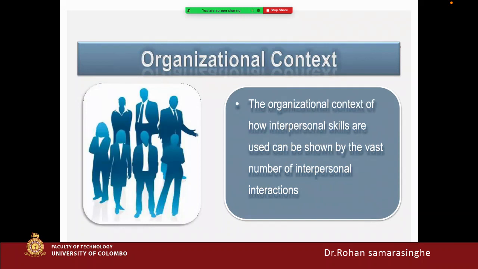What is the organizational context? The organizational context of how interpersonal skills are used can be shown by the vast number of interpersonal interactions.